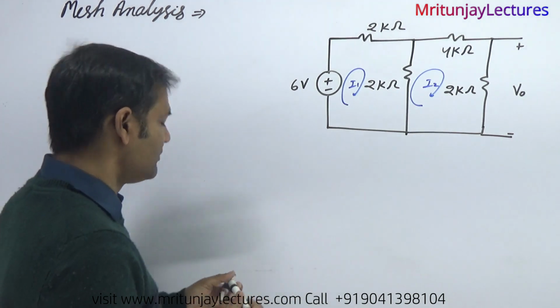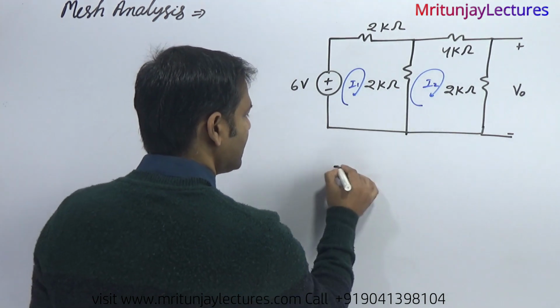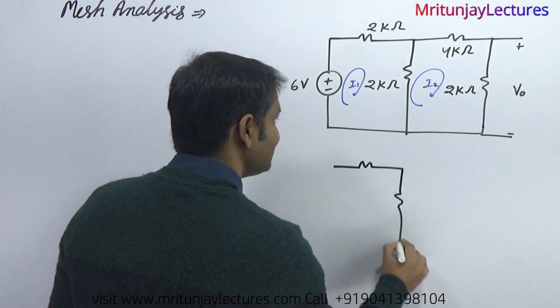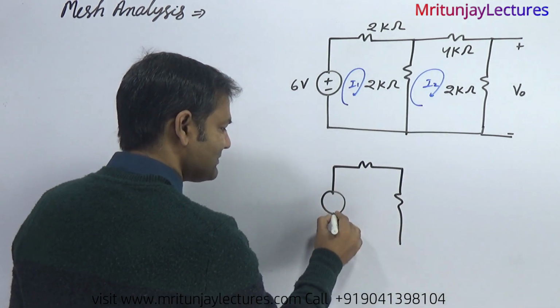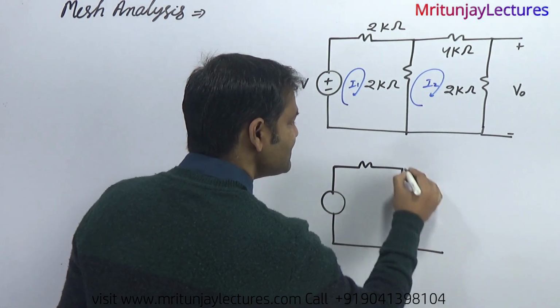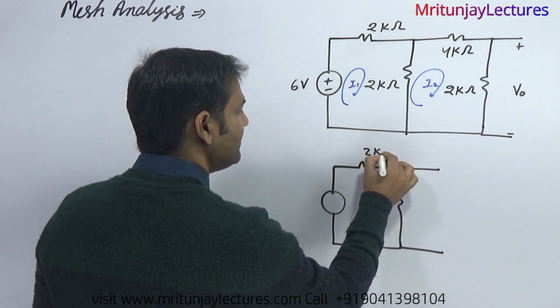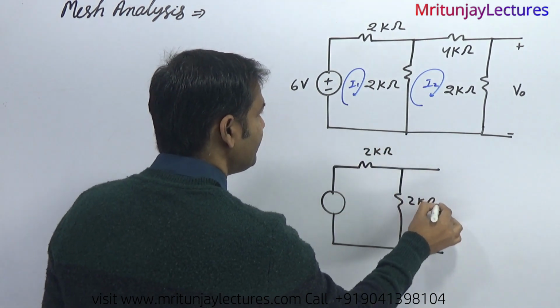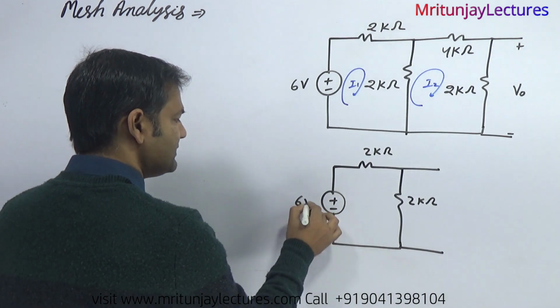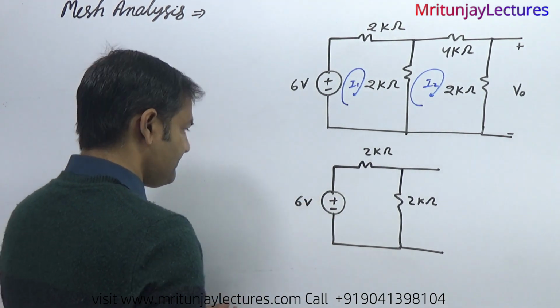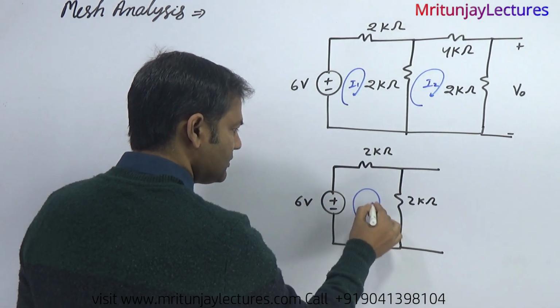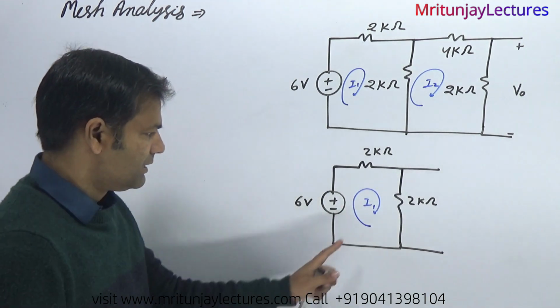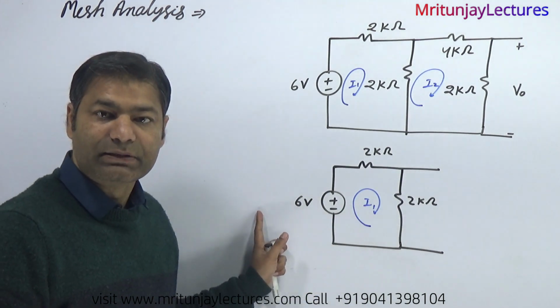So first of all, if you make branch 1, that is 2 kilo ohm, here 2 kilo ohm, and here plus minus, that is 6 volt. Now I1 here, no current flows from this loop.